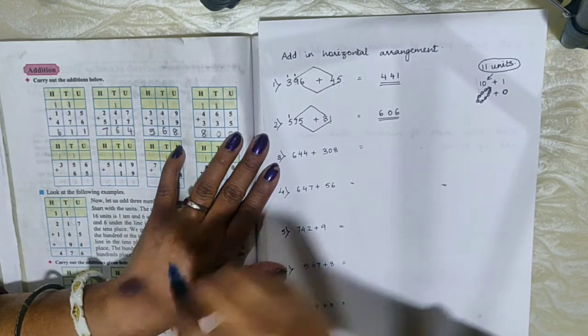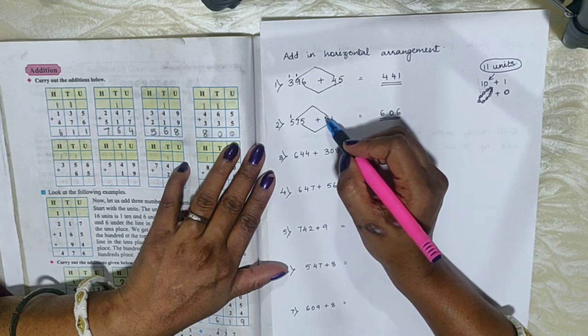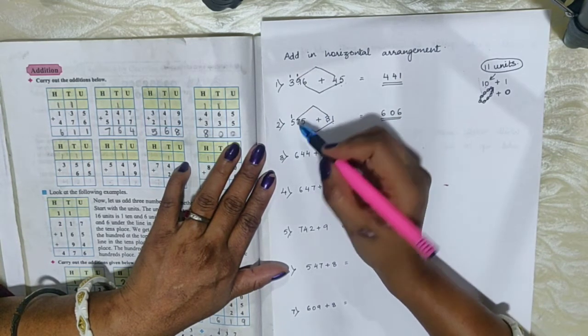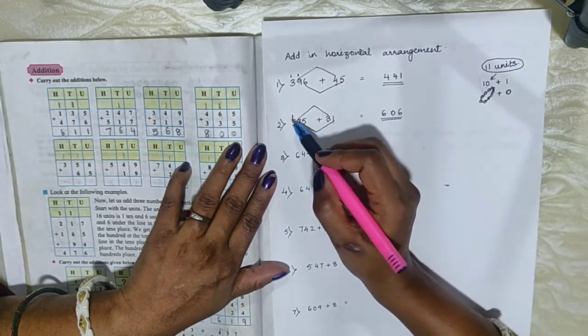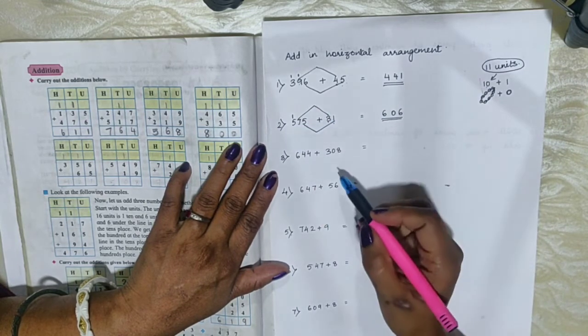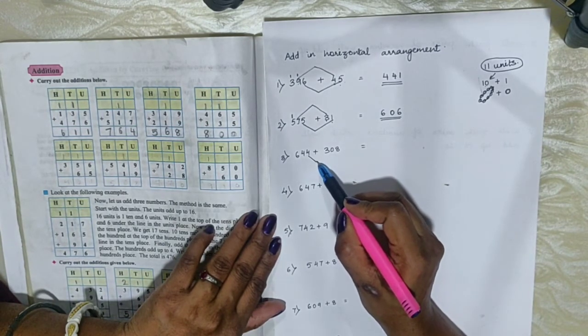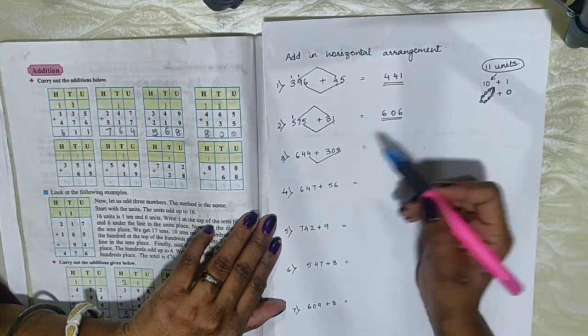Okay children. See, this is a simple addition, but you have to carry it to your neighbor. So if you have anything at units place, it will go to the tens place. Tens place, if you have more than 10, it will go to the hundreds place. Okay. Now next sum. See, 4 units, 8 units.